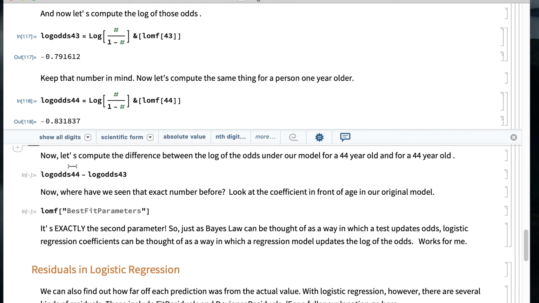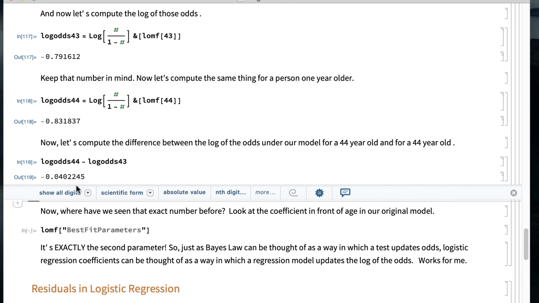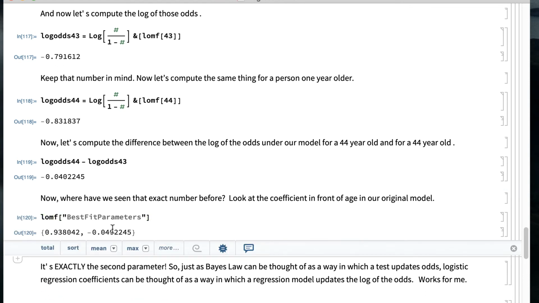And now let's calculate the difference in the log of the odds. How have we updated the log of the odds as a result of going from age 43 to age 44? And it's negative 0.0402245. And I say we've seen that number before. It is the coefficient in front of age.